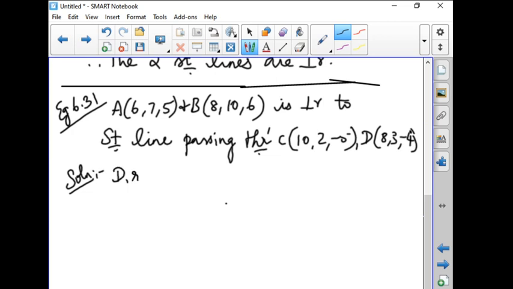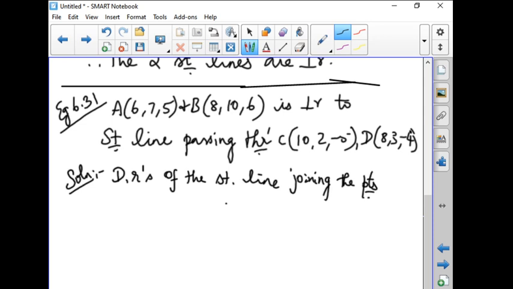Direction ratios of the straight line joining the points A and B are B1, B2, B3, isn't it?